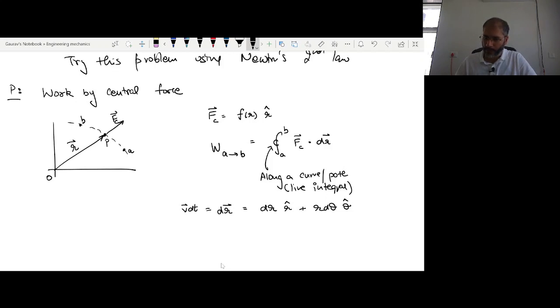So let's substitute this expression for dr into the work done. So we get the work done going from A to B. So Fc was Fr times dr, so this simply becomes Fr times dr along the path.